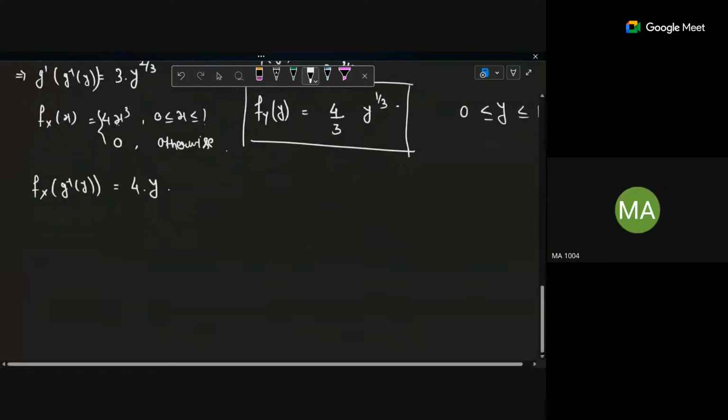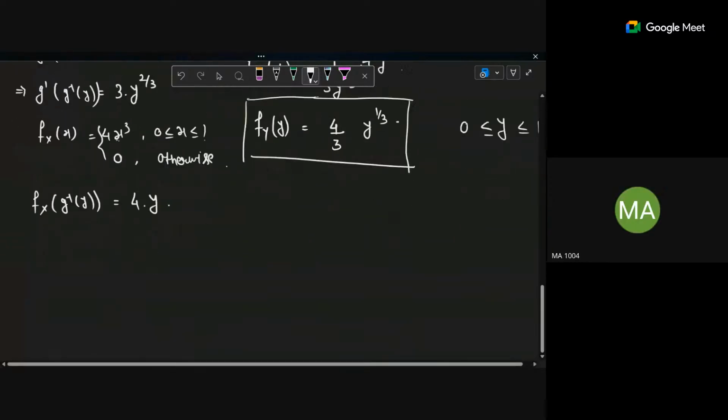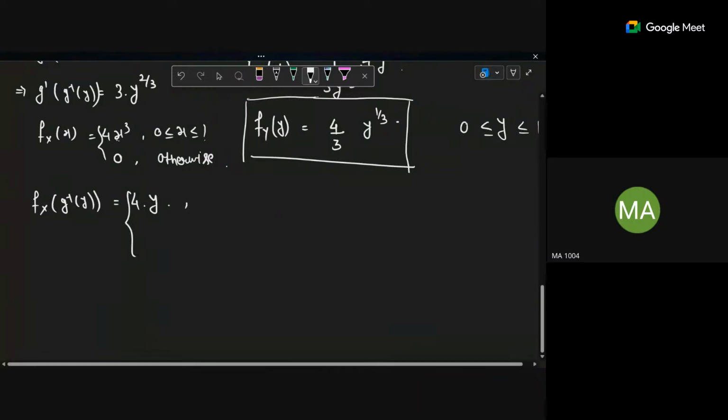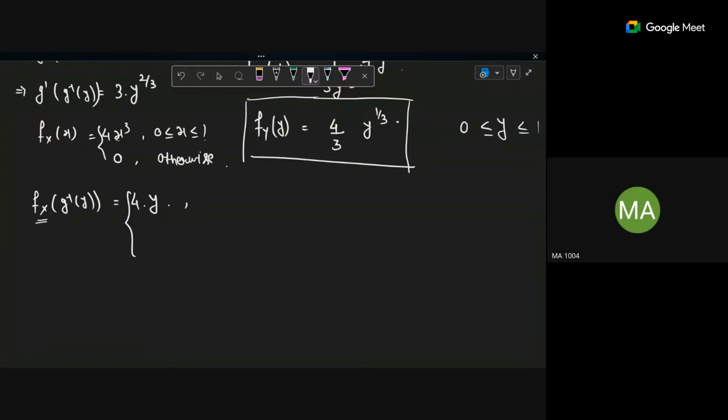Okay, fine. So whenever your x is ranging between 0 to 1, and y is equal to x cube, then what will be its range? The same, 0 to 1, right? Here it is the PDF of x in terms of y, like g inverse of y, that's why we wrote it here.